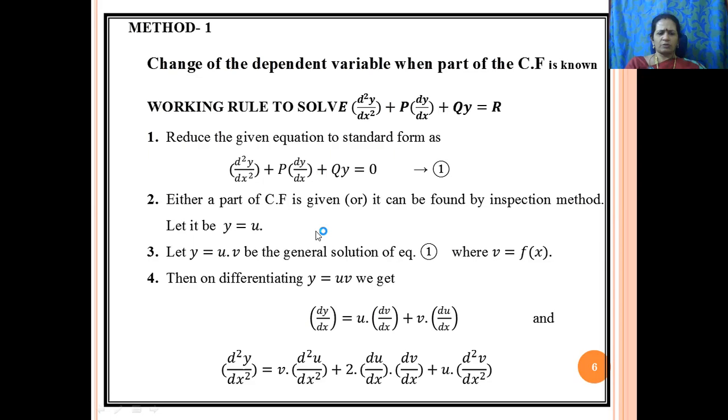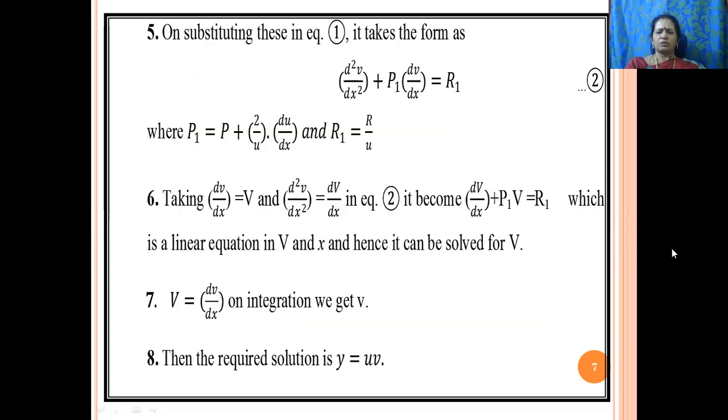Let it be y is equal to u. Now after that, let y is equal to uv be the general solution of equation 1, where v is equal to f of x. Then on differentiating this twice, we will get these two equations. After that, substituting these equations in equation 1, we will get this form.